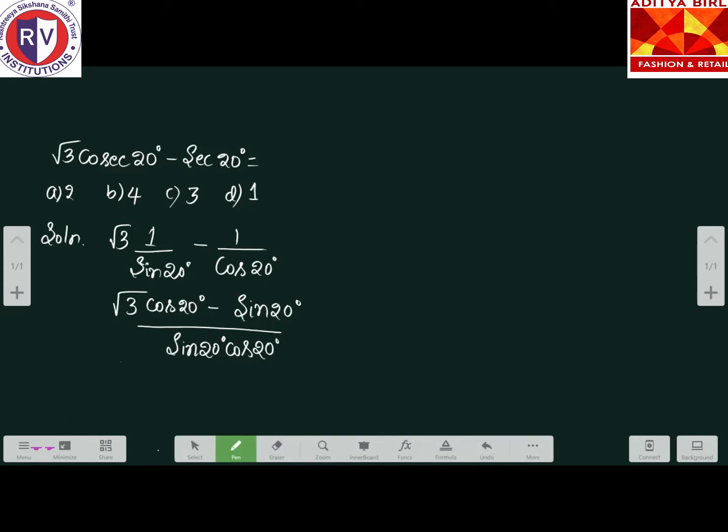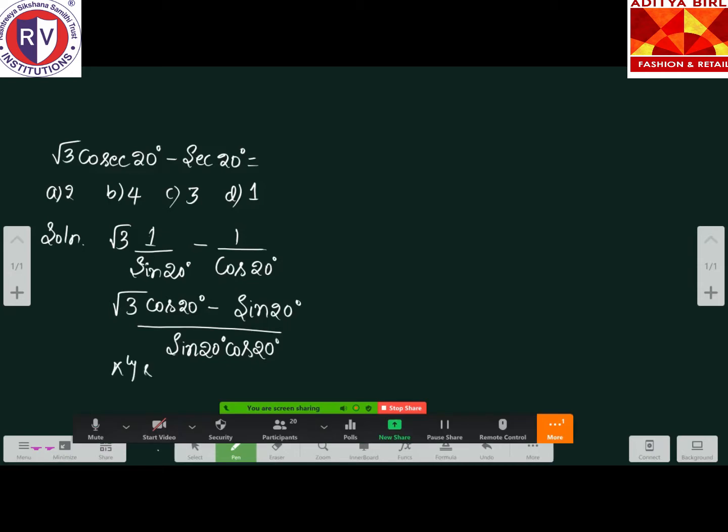Let us multiply and divide 2 in the numerator, only in the numerator. The 2 I am multiplying, I'll keep as it is.